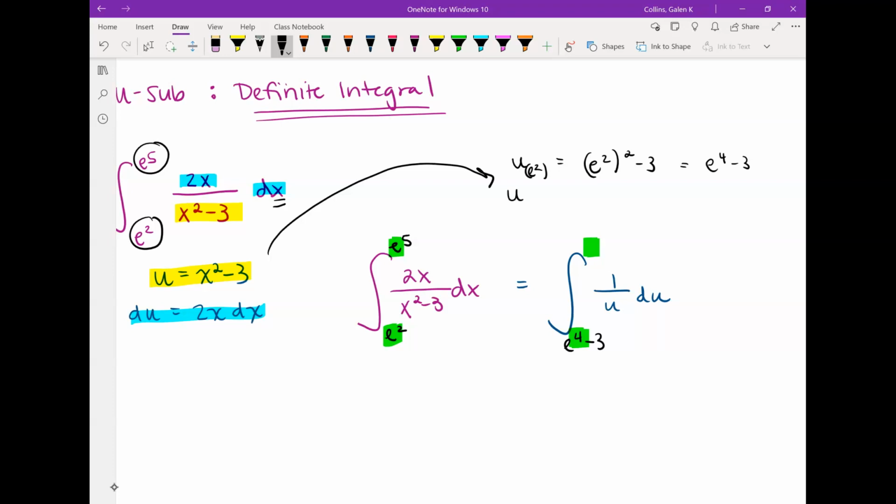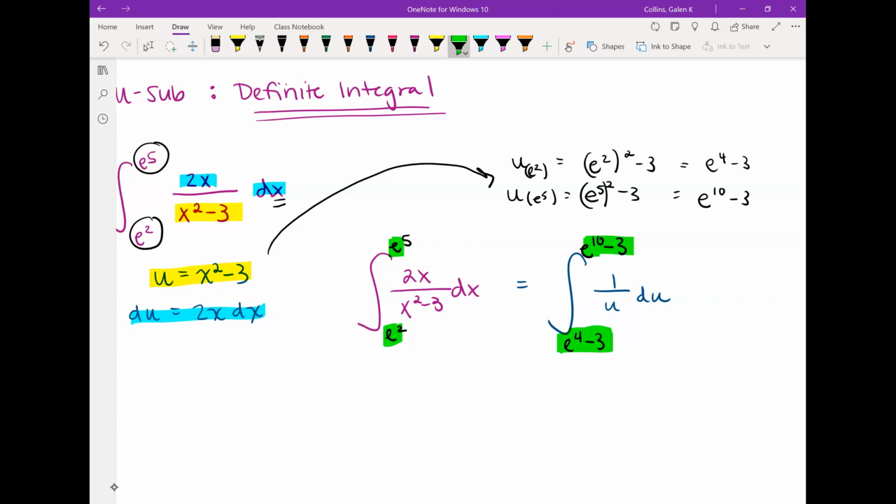My upper limit, so u of e to the 5th, would be e to the 5th squared minus 3. So that's e to the 10th minus 3. Okay, so those are our new limits of integration.